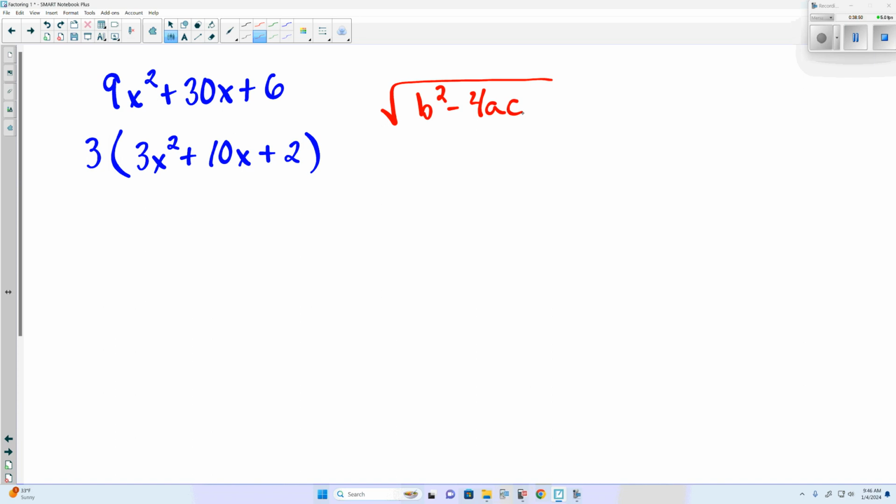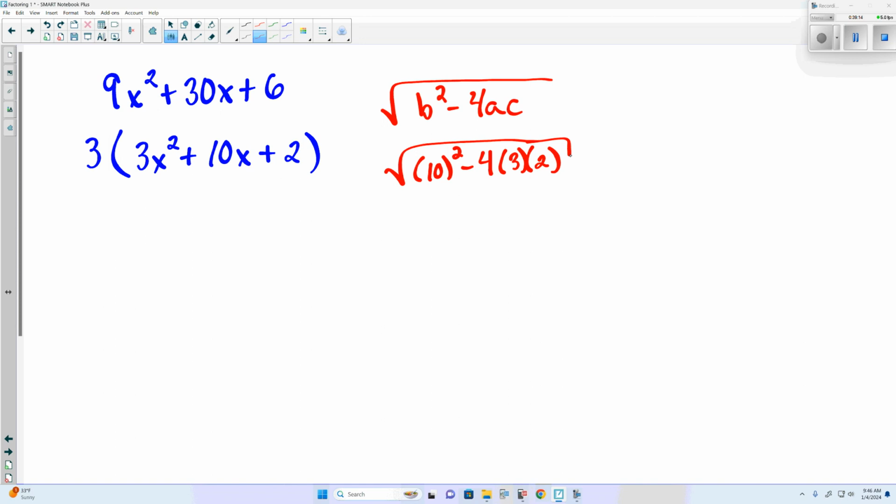If we get a number that is a decimal or i, it'll tell us if it's factorable. So here, our b is 10, our a is 3, and our c is 2.